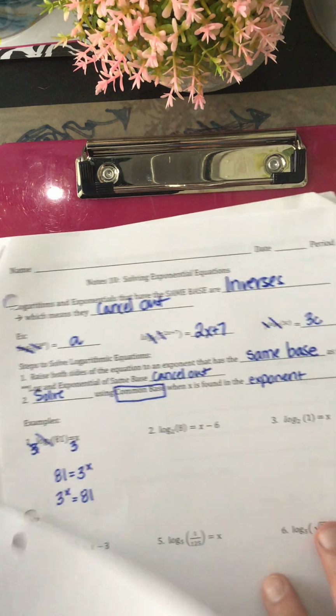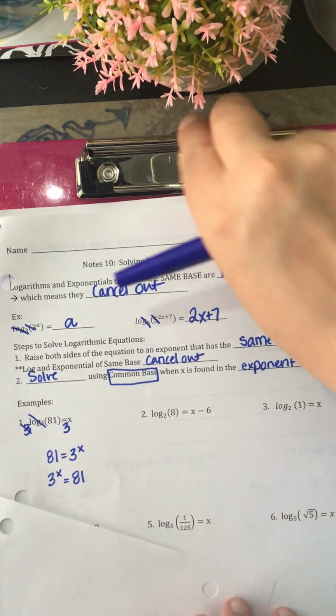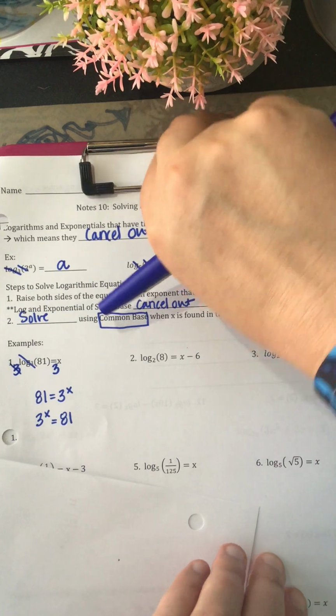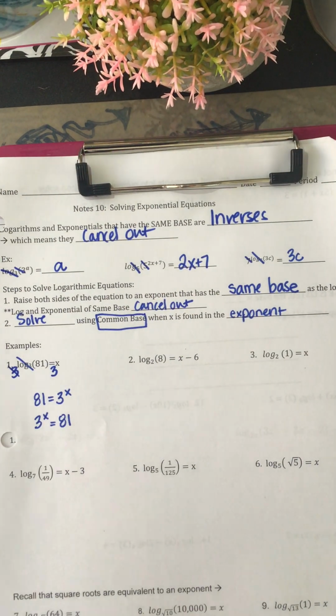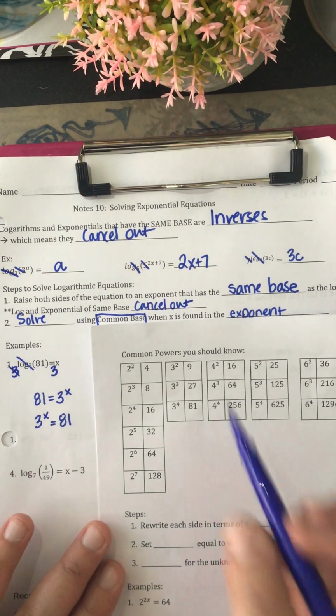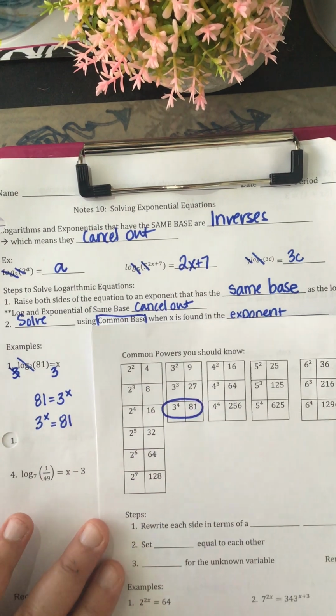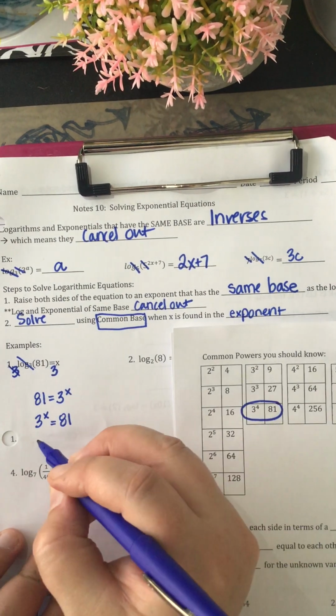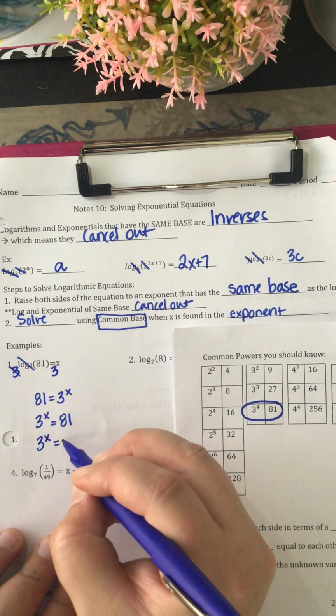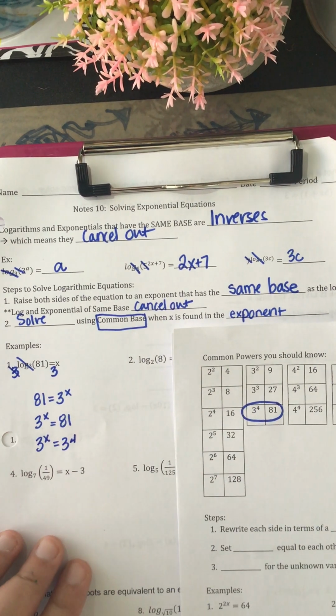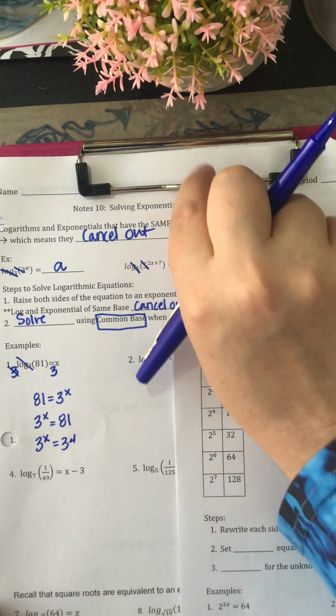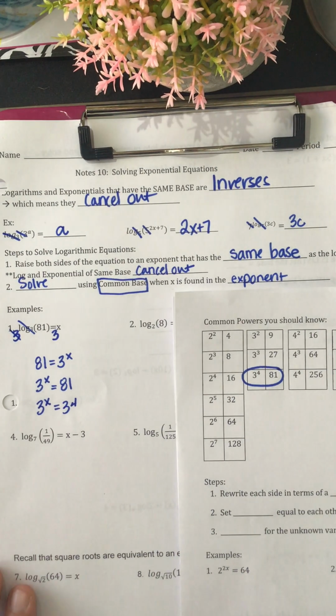I am looking for 81 in the base 3 chart. Very good. So if you pull out your chart, 3 to the 4 is 81. Then I would say, okay, then 3 to the x is 3 to the 4. And then what do I do from there now that the 3's match? x equals 4.